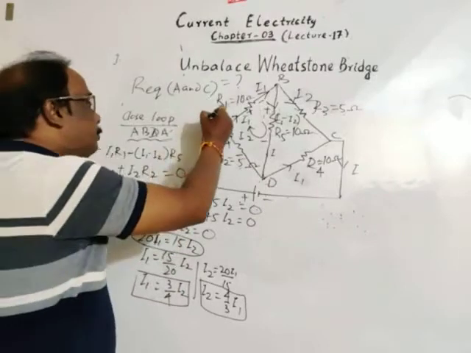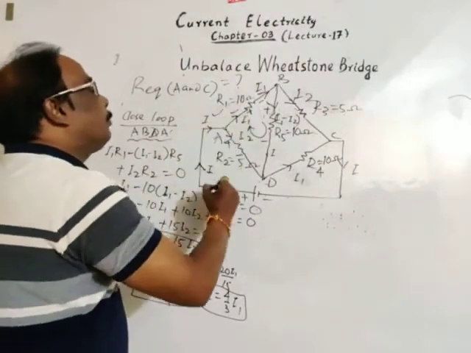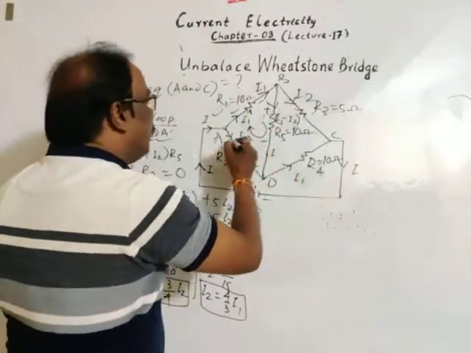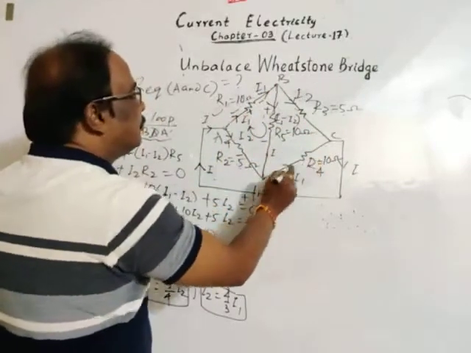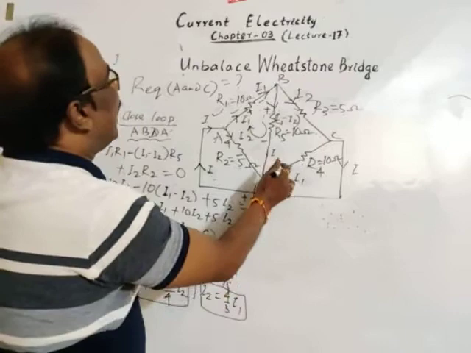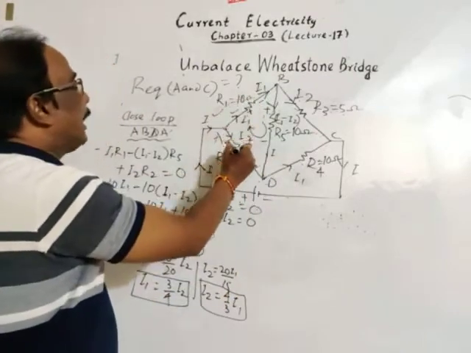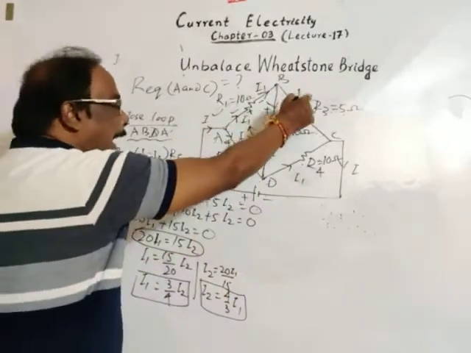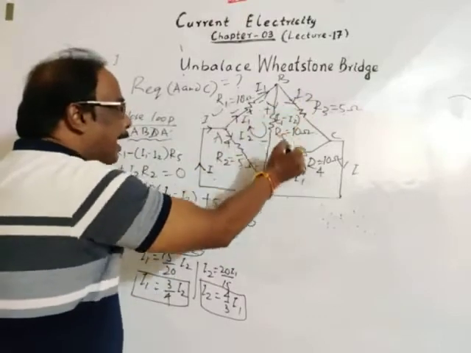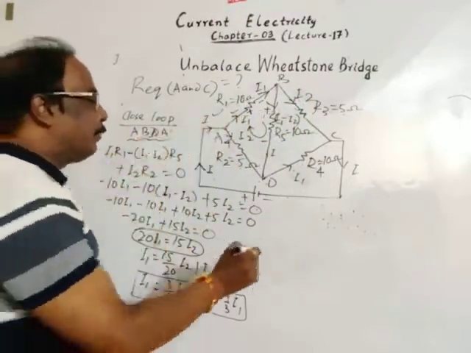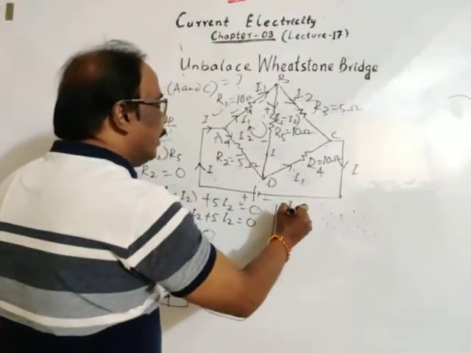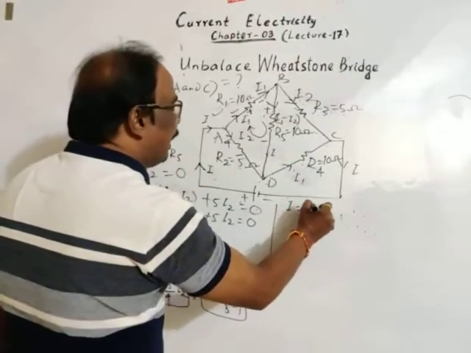Again, see, this total current I is divided into two branches. This current is I1, this current is I2.